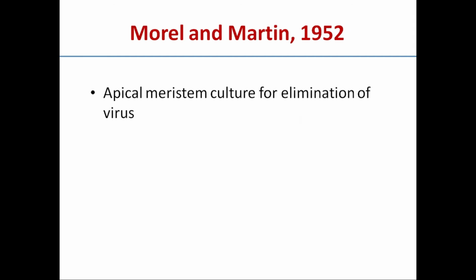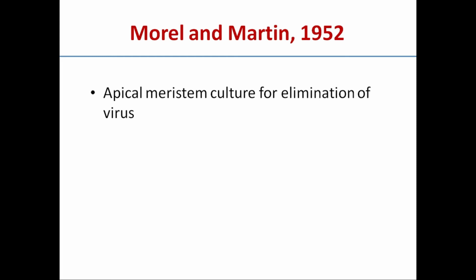Morel and Martin in the year 1952 gave apical meristem culture for elimination of virus from infected plant. So as a plant gets infected by virus, the virus is usually systemic in the plant.